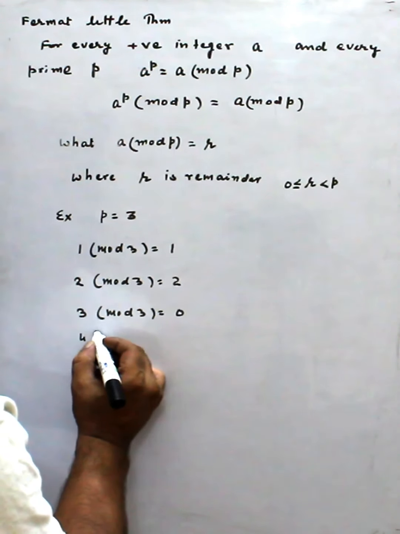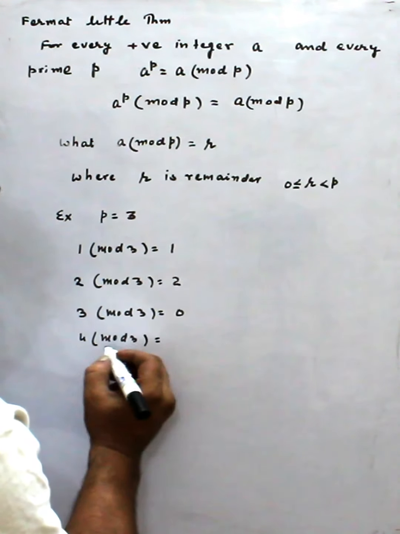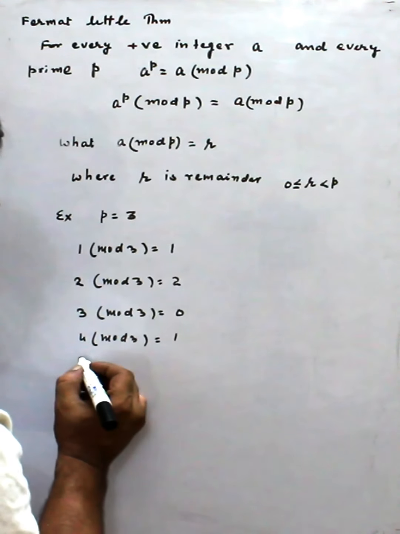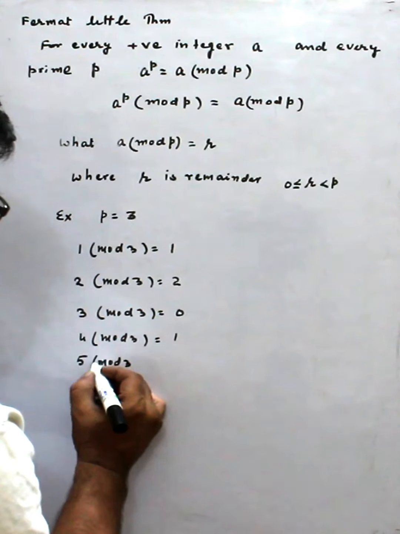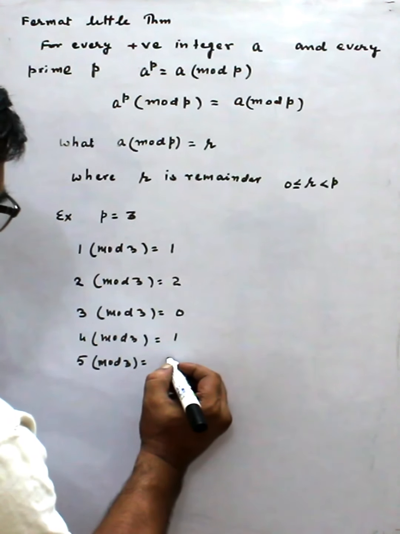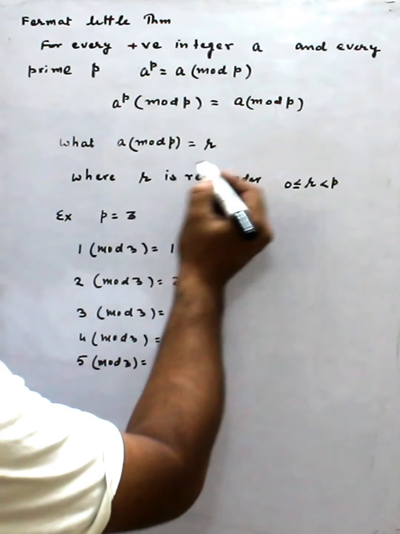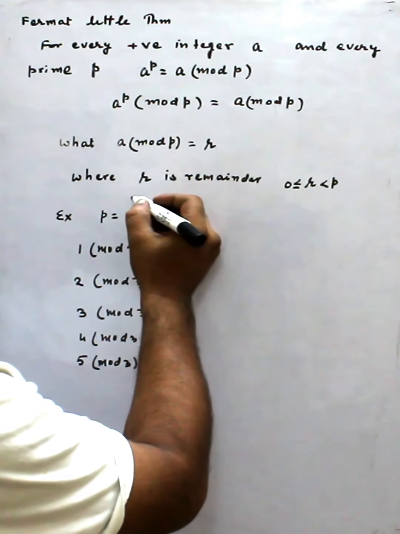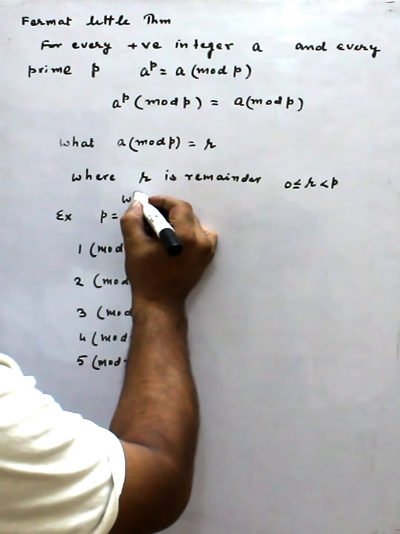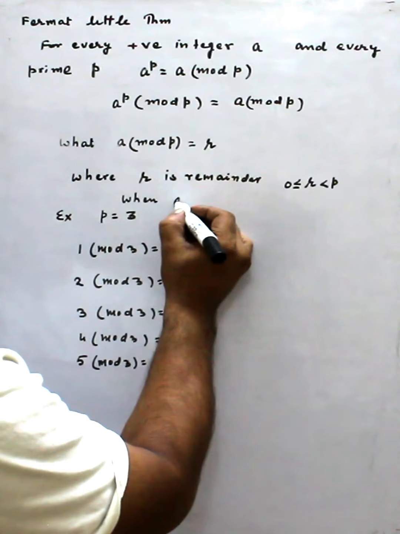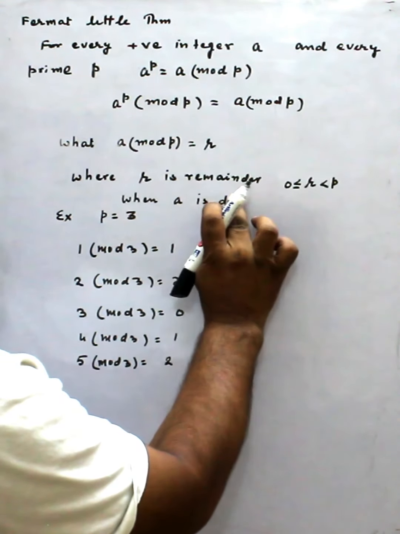Similarly, 4 mod 3 is equal to 1, 5 mod 3 is equal to 2. That means it is the remainder, where r is the remainder when a is divided by p.